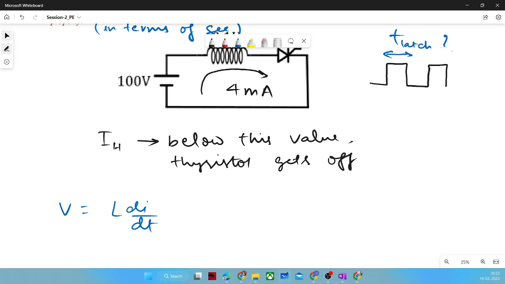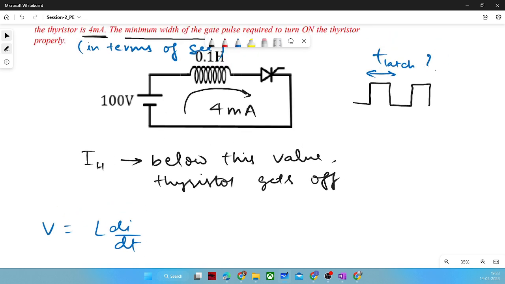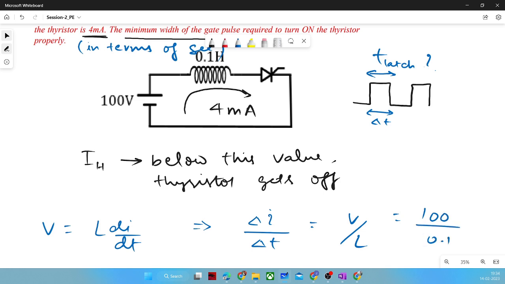L is given, that is 0.1 Henry. So del I by del T, I am considering T latch equal to del T, is equal to V by L, and V by L is 100 by 0.1, that is 1000.